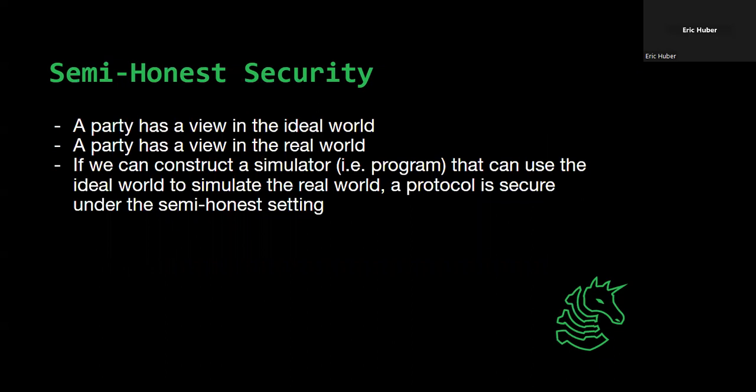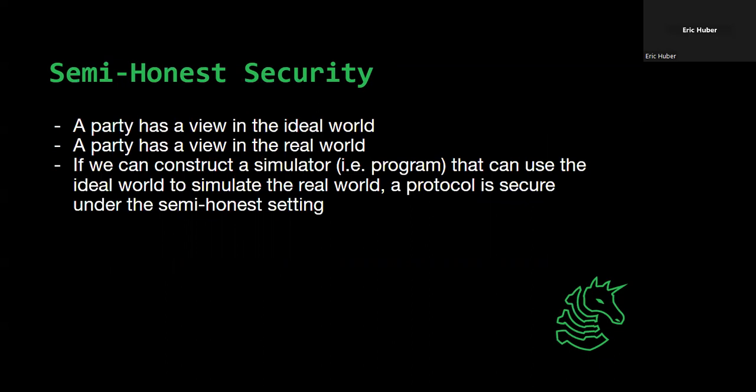So in semi-honest security, as we just stated, there's an ideal world. This is where everything is perfect. We don't have to worry about security and how we actually achieve these things. On the other side, there is a real world where we actually want to design our protocols, and we actually want to make these things work.